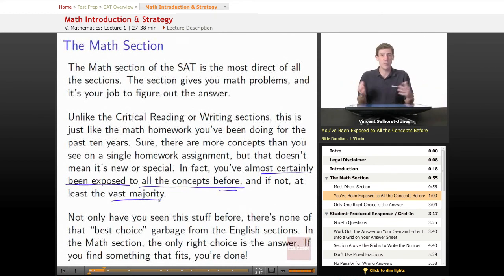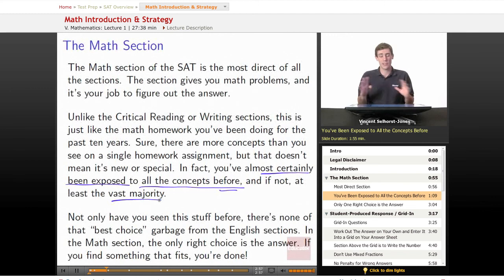And if you haven't done all of them, you've almost certainly done almost all of them. So don't think that it's really hard and difficult and there's a bunch of new stuff you have to be prepared for. No, what you need to do is just get used to what you did before. Get back into the habit of all the math tricks and ideas and concepts that you've learned previously.